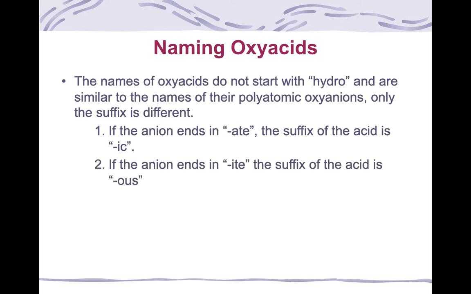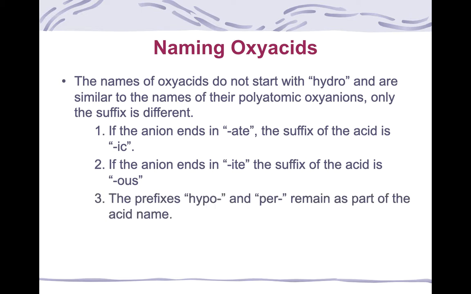If the anion ends in ite, so if you remember, we had that series of four oxyanions, where we went from the ate version to the ite version when we lost an oxygen atom, then the suffix of the acid is ous, O-U-S. Also, if there's a hypo, when we lost another oxygen, or a per with the ate when we gained an oxygen, they remain as part of the acid name.